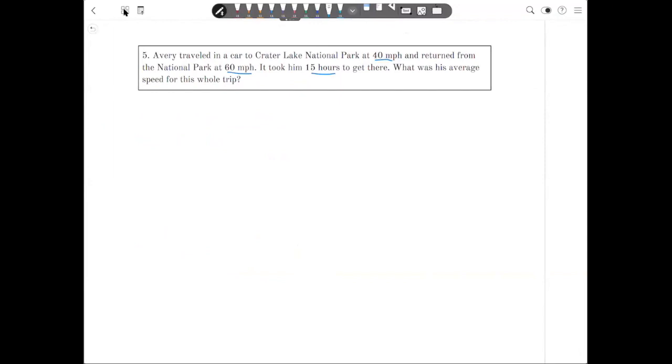Okay. So this problem, basically we have that Avery is going at 40 miles per hour, so 40 miles per hour for 15 hours. But then he comes back at 60 miles per hour, so he goes back on this path at 60 miles per hour for some hours.